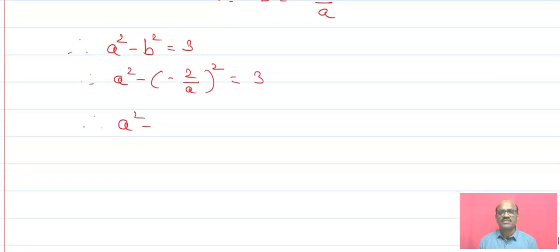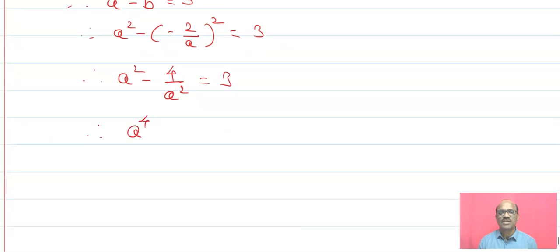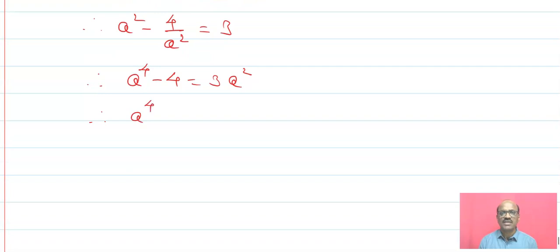Now simplify this: a square minus 4 upon a square is equal to 3. a raised to 4 minus 4 is equal to 3a square, and a raised to 4 minus 3a square minus 4 equals to 0.